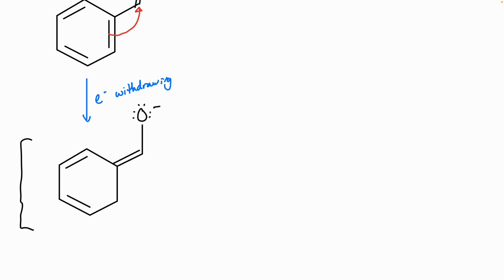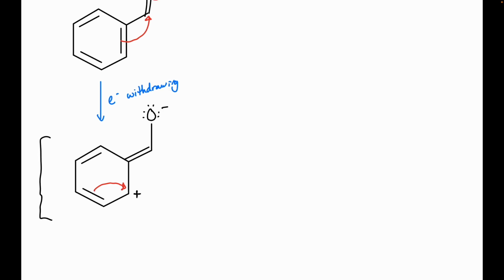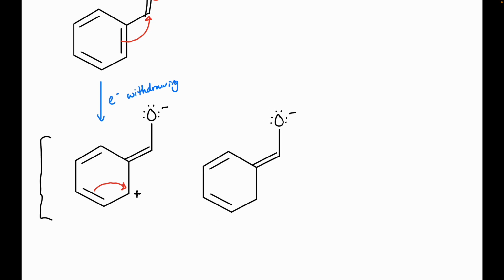Got pulled up onto that oxygen, all right? But that leaves this carbon right here with a positive charge. Okay, but just like before, that positive charge is kind of stabilized by being bounced around to various positions on that ring. So these are all of these resonance structures.